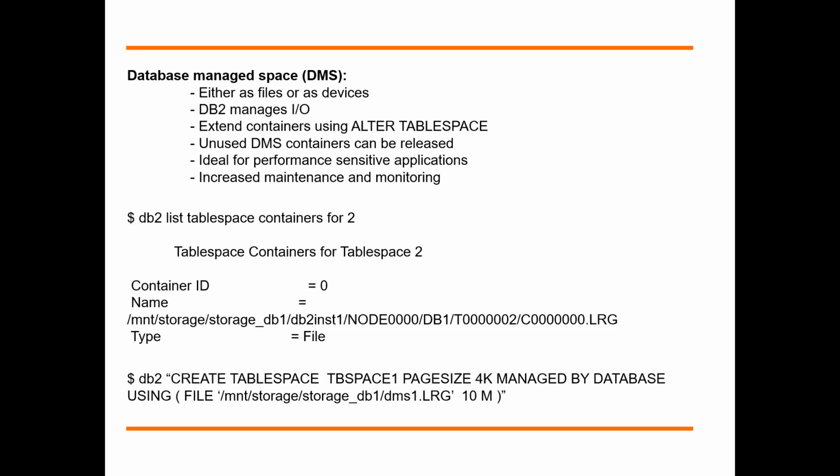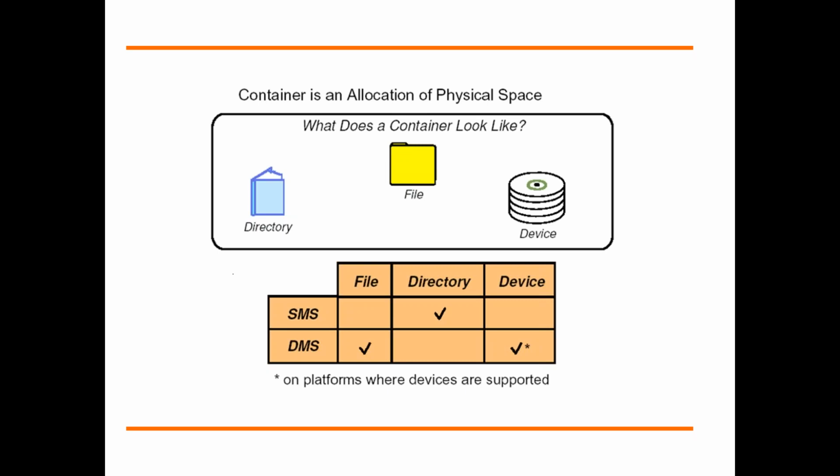But just in case you want to create something like this, you have to say managed by database. So with respect to the types, SMS just uses the directory as a storage starting point, but DMS is file level. Or if your system supports raw devices, you can also use raw devices there.